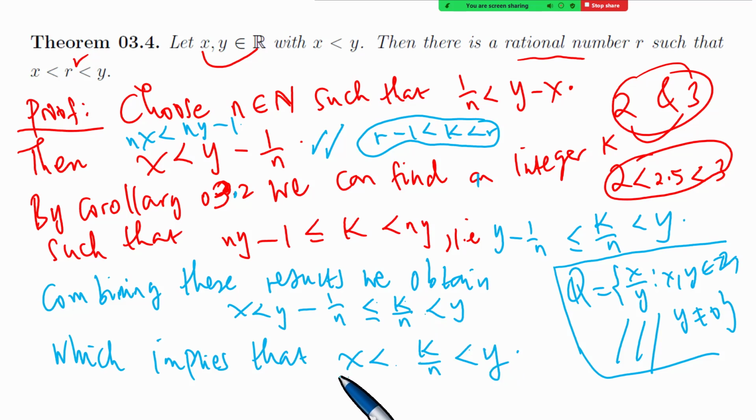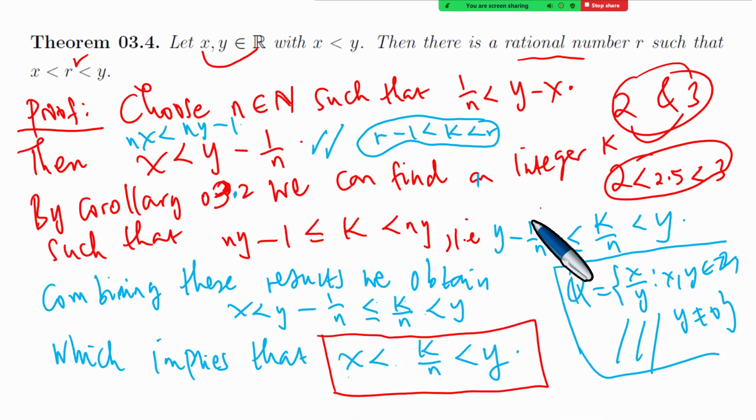Which implies that x is less than k over n, less than y. And this is a rational number. So between x and y, we have put k over n, which is a rational number.